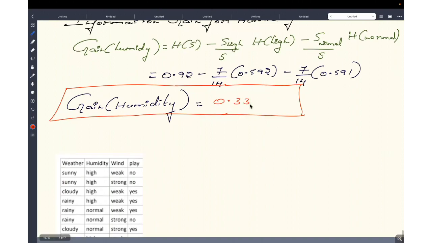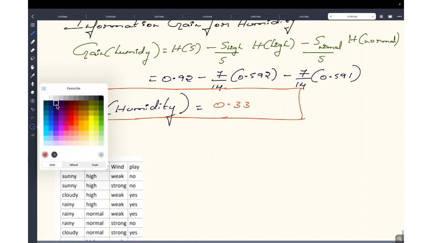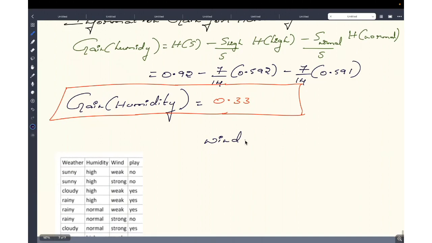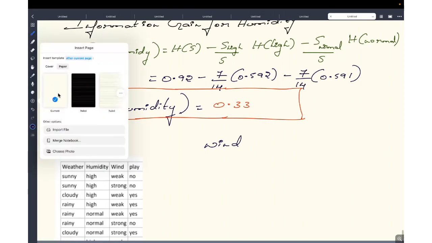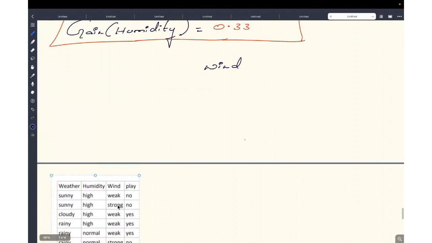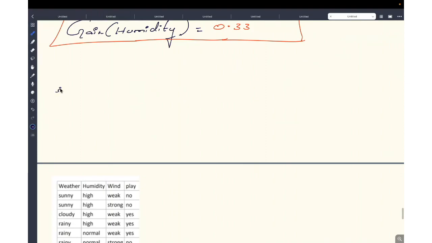All right, same way we'll do it for our wind now. The wind column has how many categories? Only two, weak and strong. So trying to find the entropy of wind.